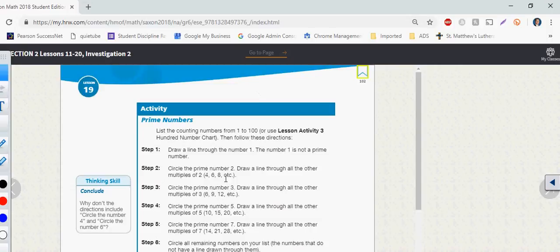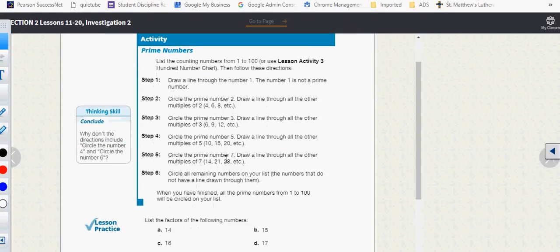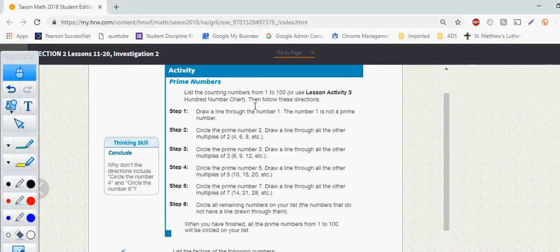I'll give you a Lesson Activity 3 sheet to complete this activity. You don't really need to circle the numbers. Well, here, it says you'll have 1 to 100, follow the directions: draw a line through 1, we said it can't be prime, circle 2, draw a line through all the other multiples of 2, because those are not prime either.